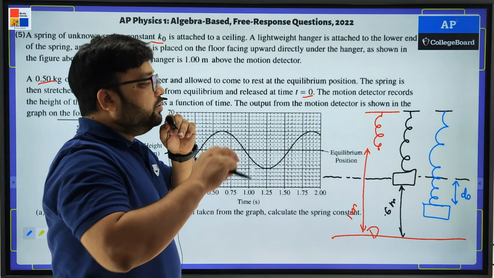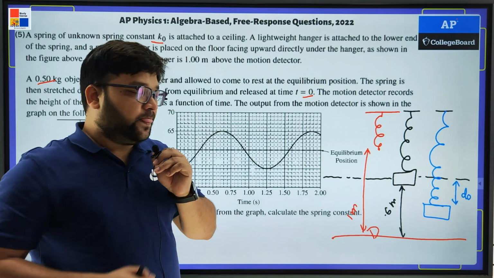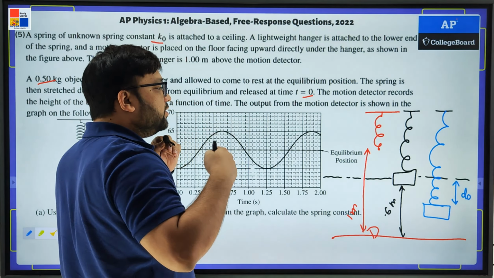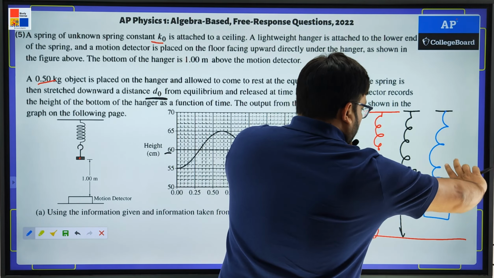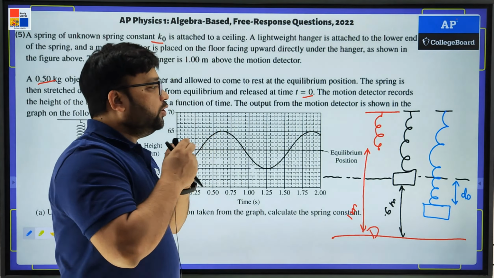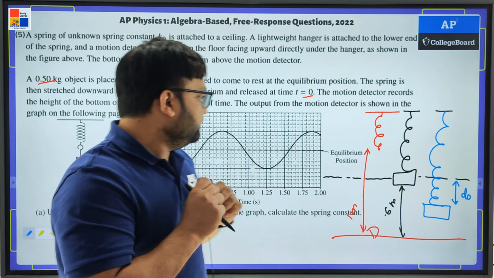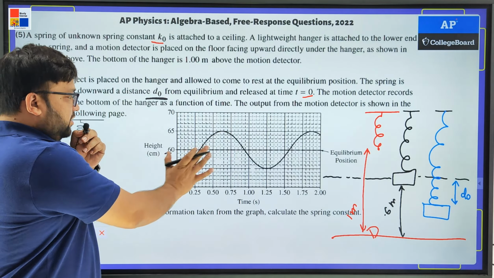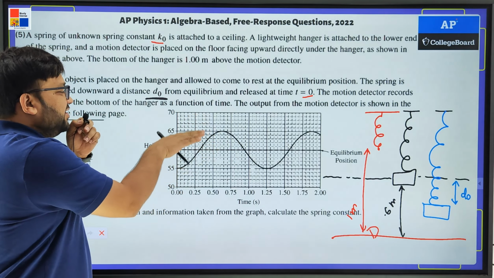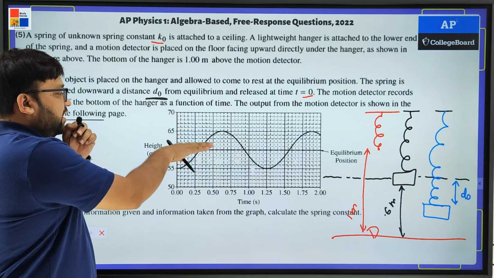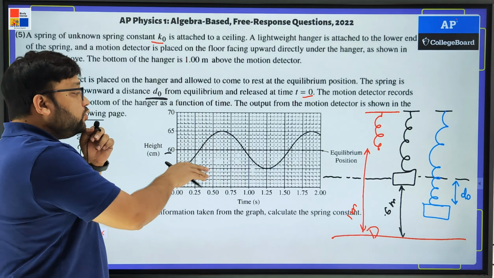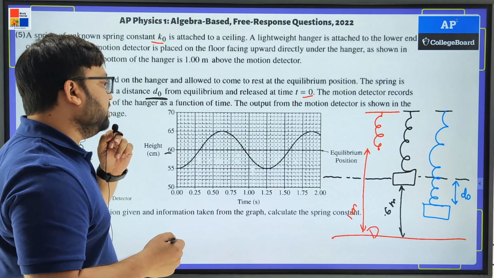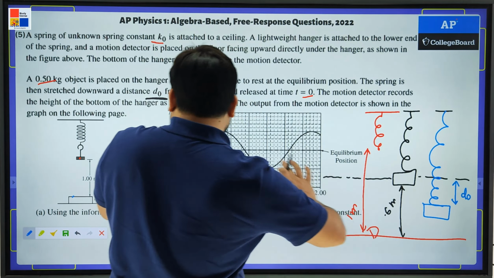Below the equilibrium position, it is stretched down and then it will start doing SHM, oscillating about the mean position, with an amplitude of d naught. Now from the graph you can see what is the deviation from the mean. It is 5 centimeters up and down, to and fro from the mean. That means the amplitude is 5 centimeters. It is clear from the graph.